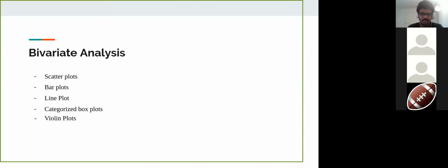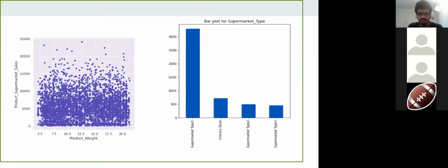That way we can use box plots and again violin plots. A violin plot is basically a mixture of box plot and KDE plot. We'll go through them in the next slides.